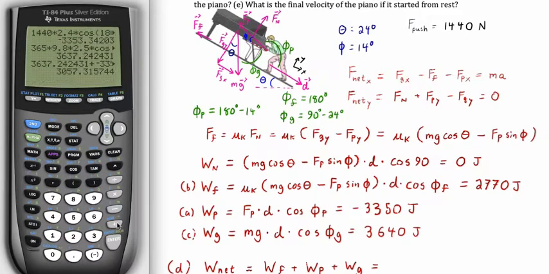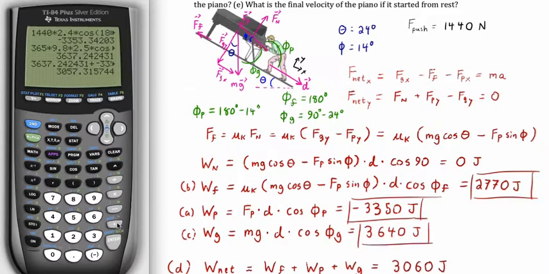Our net work is 3,060 joules. I might as well put some boxes around all our answers here, as well as our net work stated here.